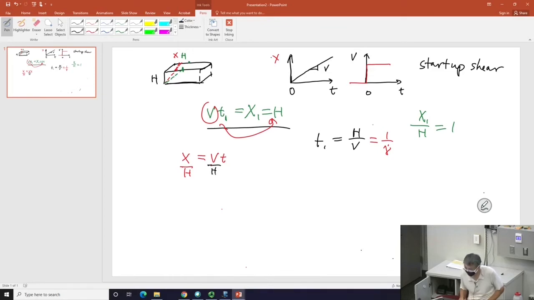I divide the H on both sides. And this is, of course, on the left, the degree of shape change. That's the gamma, the shear strength, right?